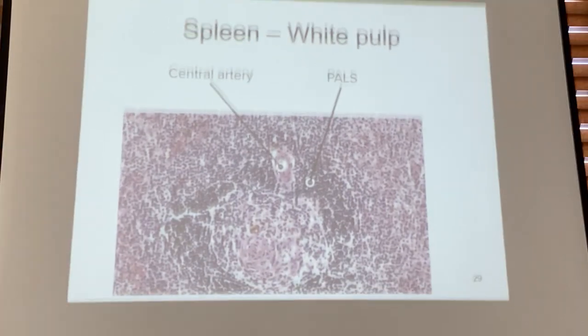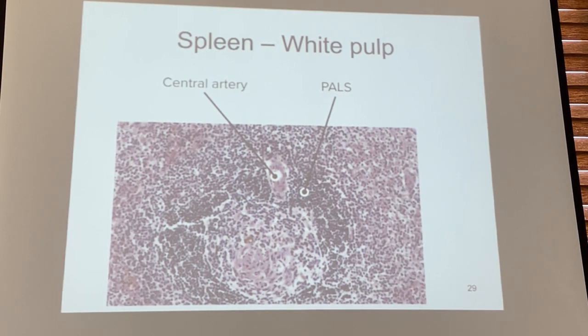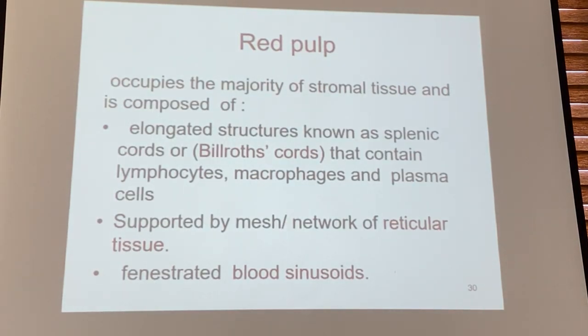Same image, or the image of the white pulp. The red pulp. The majority of the stroma or the parenchyma of the spleen is occupied by red pulp. They are forming elongated cords called the cords of Billroth containing lymphocytes.